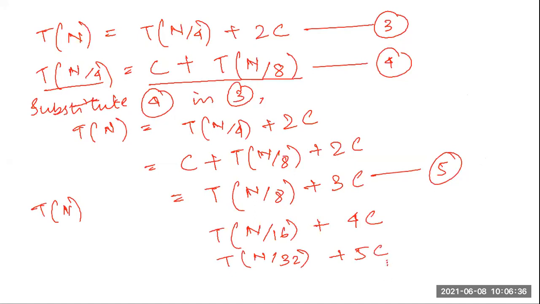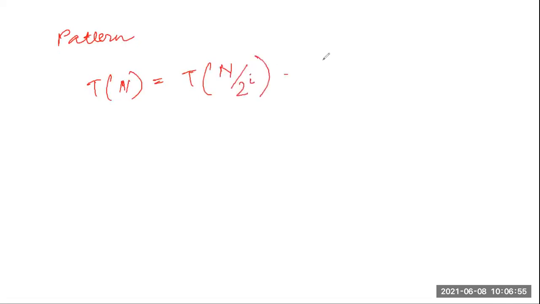So like this, it is moving on. That means if you follow the pattern, it is T of n by 2 to the power i plus i into C. Isn't it the pattern?